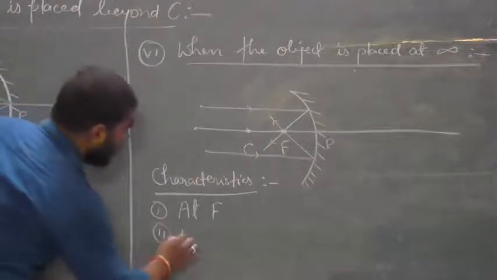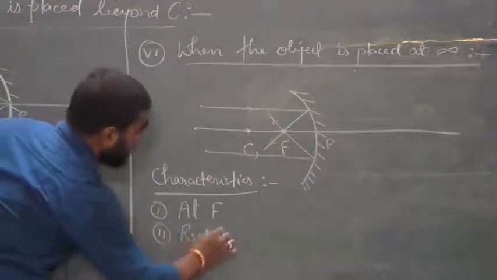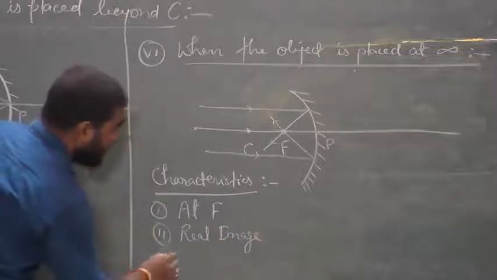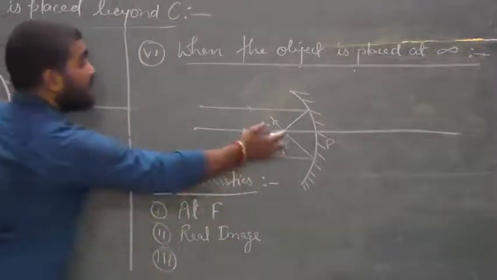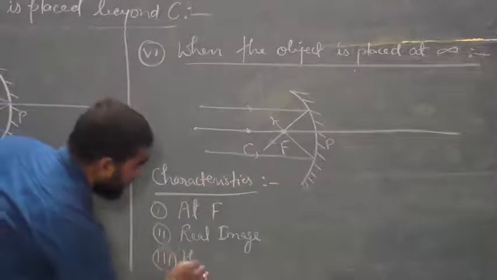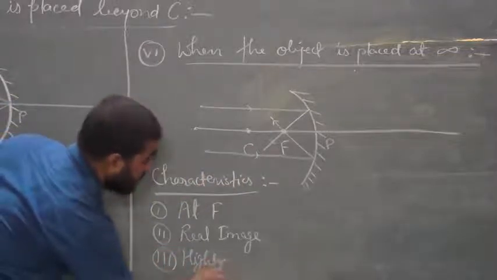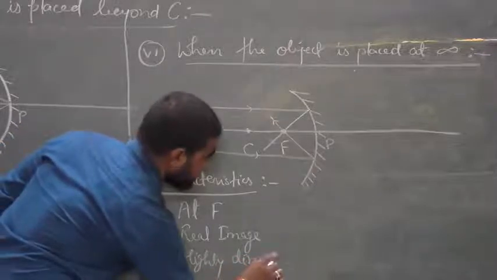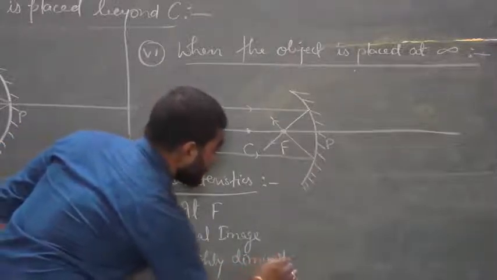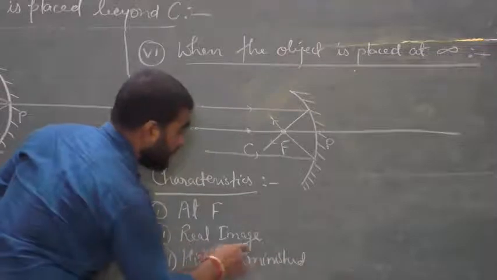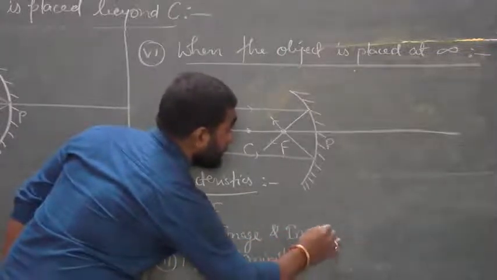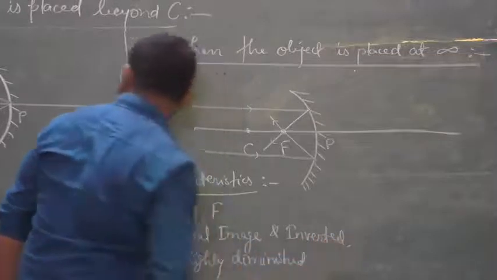So we can say a real image will be formed, real, and highly diminished. Okay, it is highly diminished. And as we know, if it is real, then it will be inverted. So a real and inverted image will be formed here.